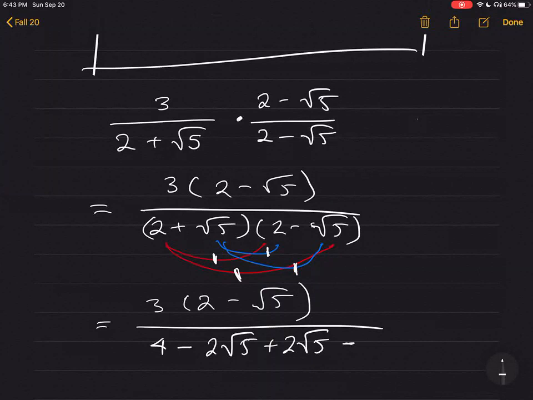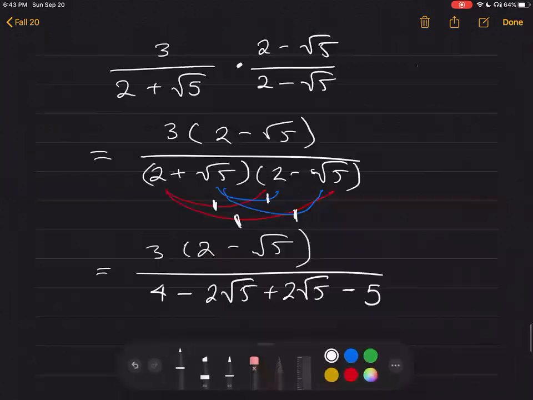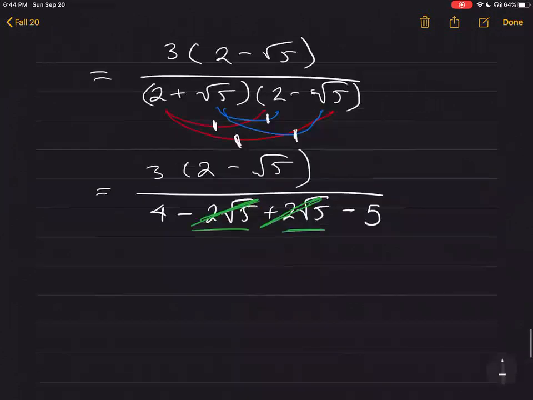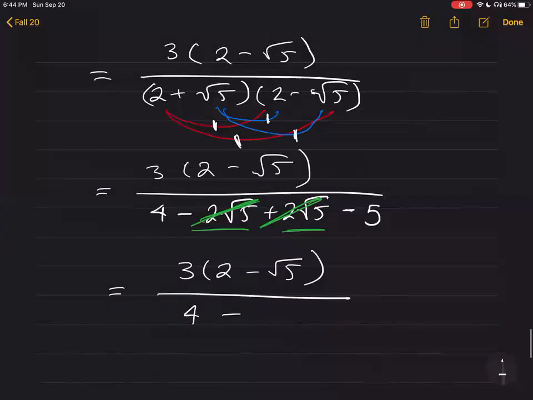Eventually, it works out to be minus 5. And you might notice this and this here is a minus and a plus, and these will cancel out. And so what we're left with is 3 times 2 minus square root 5, which we will distribute in a minute. But then we have 4 minus negative 5. The radical went away, right?